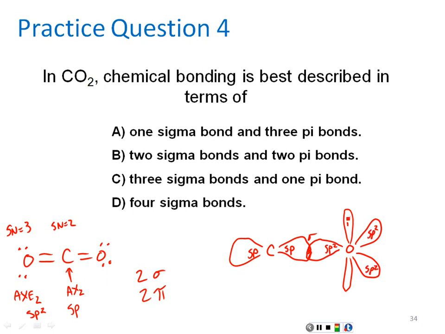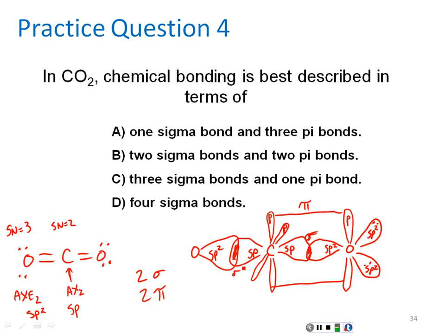There's 1 unhybridized p orbital on oxygen. Carbon now will have 2 unhybridized p orbitals. Sorry, that's a sigma. So one of the unhybridized p orbitals on carbon will form a pi bond with the oxygen on the right. These are lone pairs. Now the oxygen on the left is the same pattern.